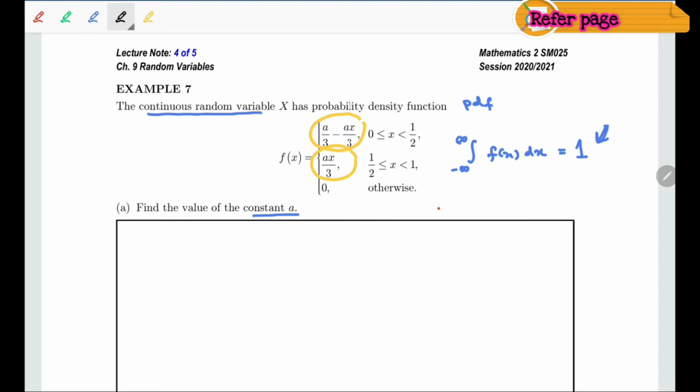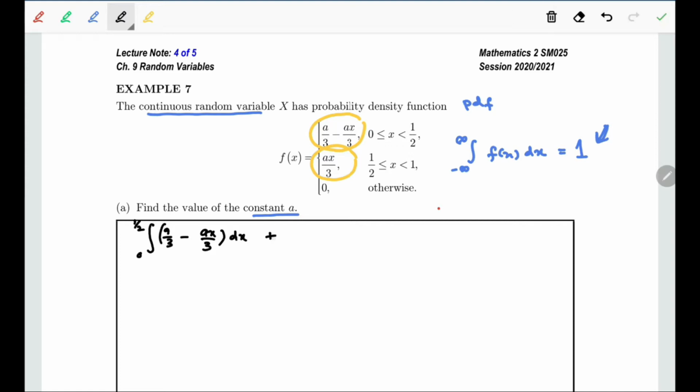So we're going to start with the integration of the first function, where the limit is from 0 until 1 over 2, with the function a over 3 minus ax over 3, plus the second function, which varies from 1 over 2 until 1 with the function ax over 3 dx, and we should equate it to 1.